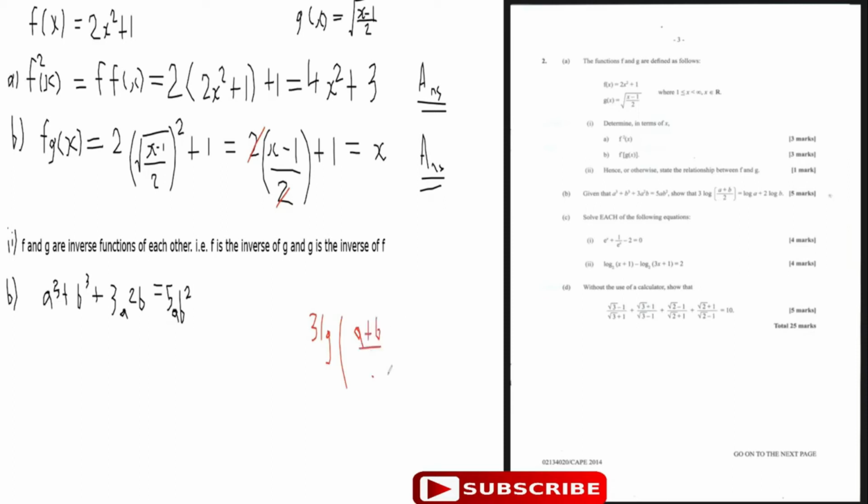By laws of logarithm, this is just the log of ((a plus b) over 2) all cubed. This is in reality what we have, the log of ((a plus b) over 2) all cubed.